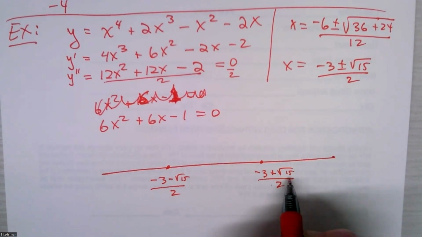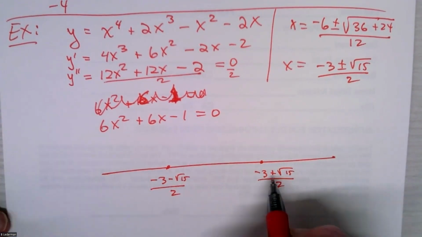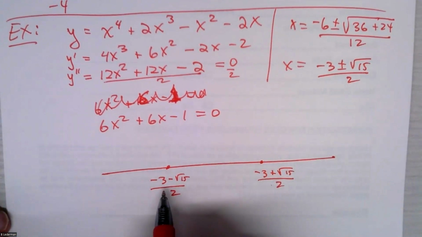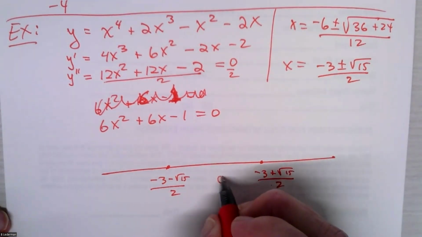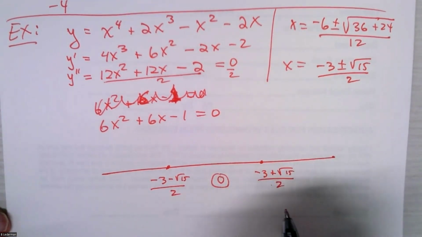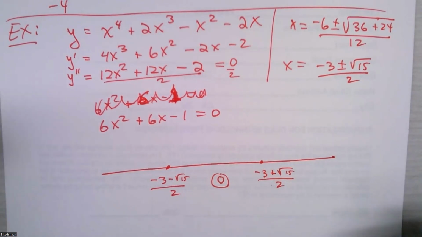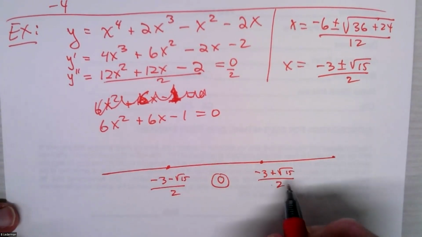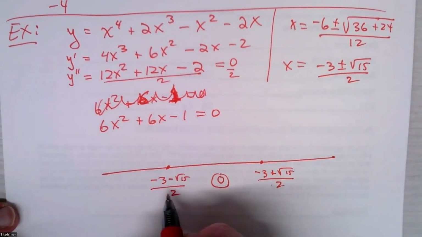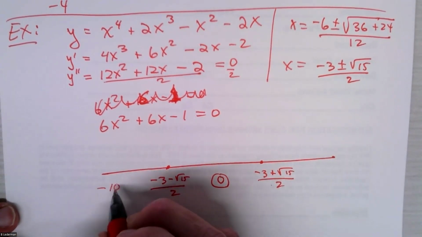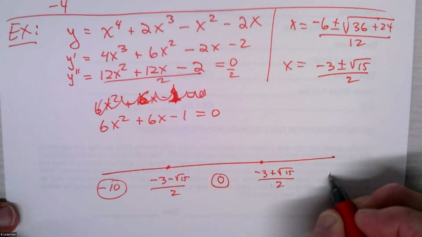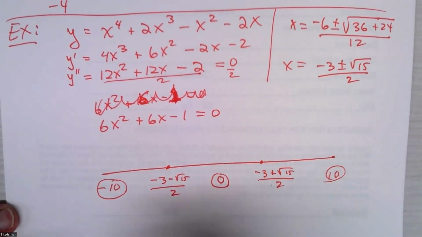Well, rad 15 is more than 3, so this is a positive number, and this obviously is a negative number. So 0 is in here. I'm going to make this like -10, and I'll make this +10. So I'm going to test these 3 numbers.